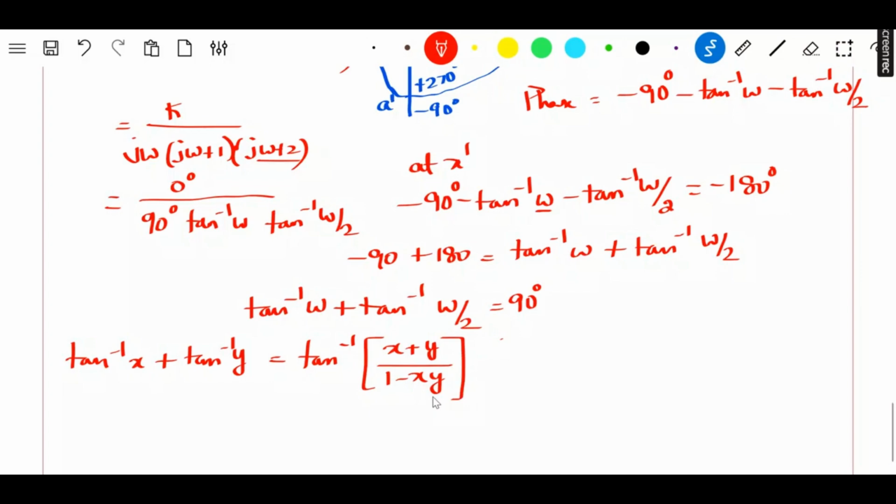By applying this formula, what do we get here is tan inverse of, in the place of x we have omega, in the place of y we have omega by 2, whole thing divided by 1 minus omega into omega by 2, and this is equal to 90 degree.